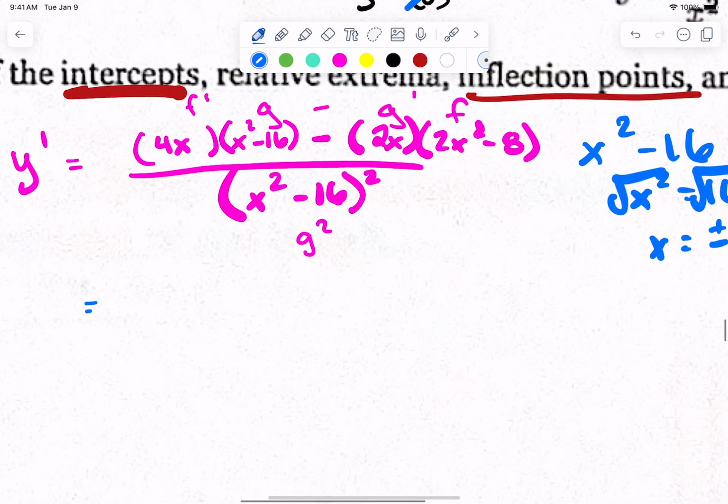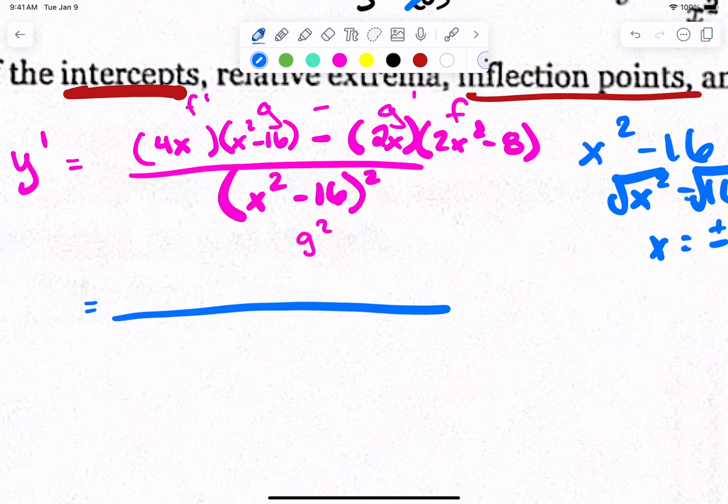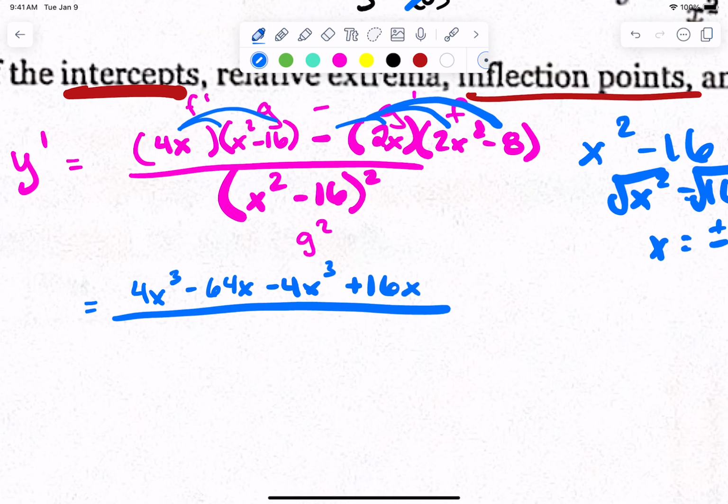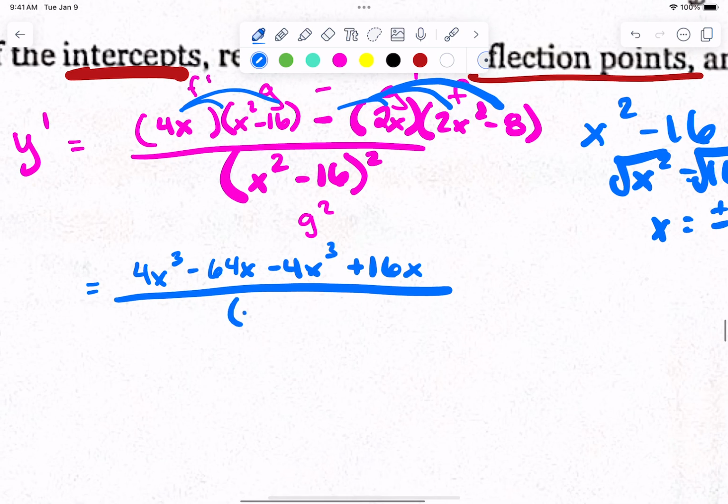So, first derivative. Alright, let's distribute the 4x through. 4x cubed minus, what's 4x times 16? 64x. And then negative 2x goes together, so that would be minus 4x cubed, plus 16x, all over x squared minus 16 squared.